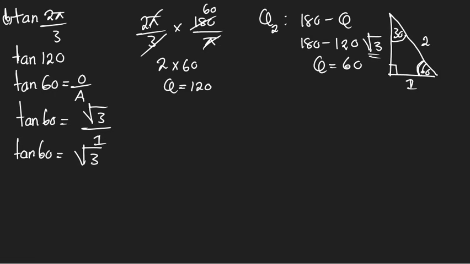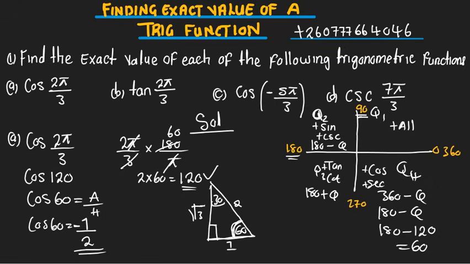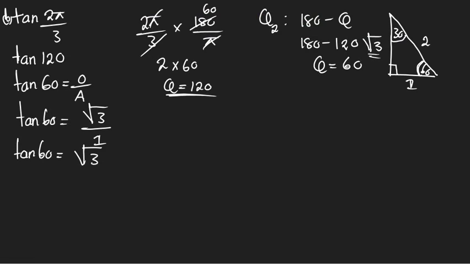In which quadrant exactly was this theta falling? Theta was falling in the second quadrant, which was between 90 and 180. In the second quadrant, only sine is positive.